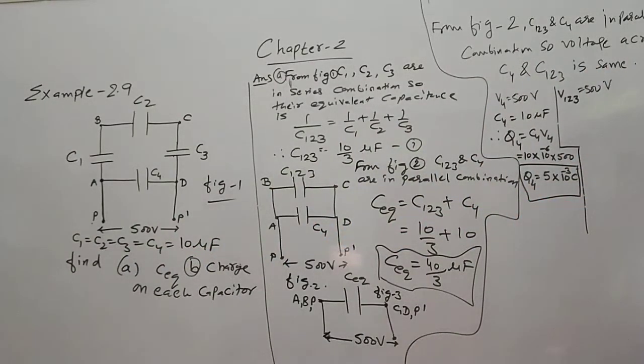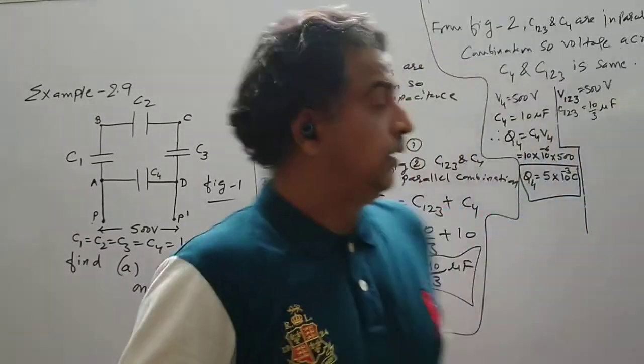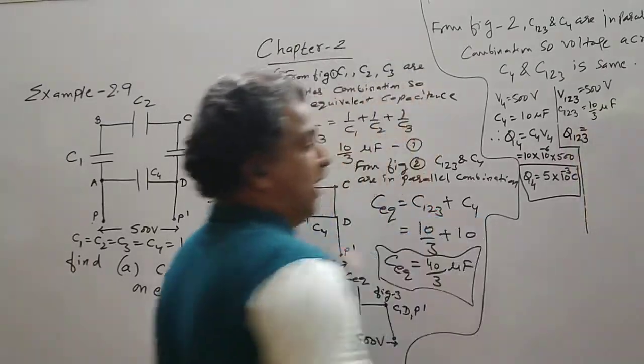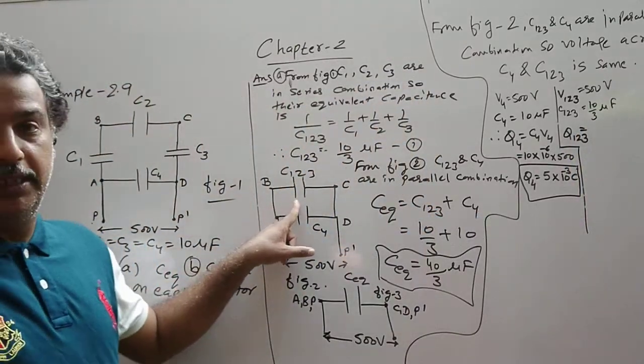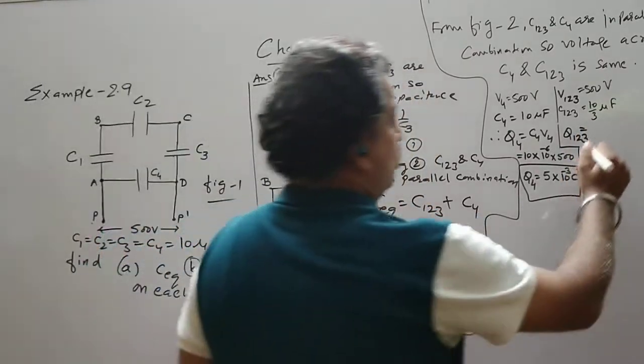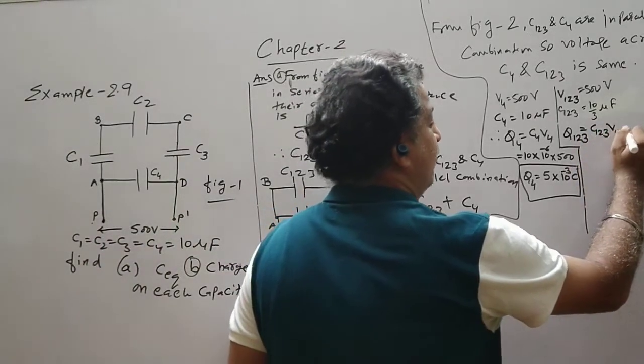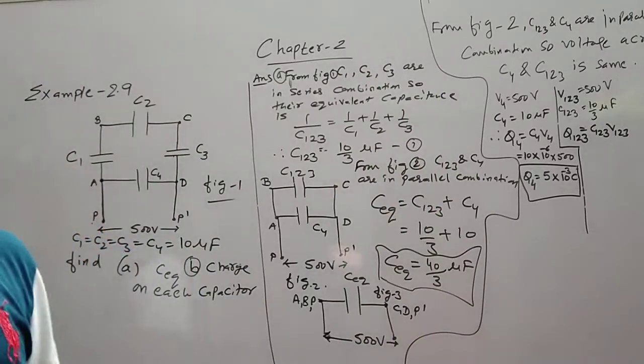Now V123 is 500 volt, C123 is 10 by 3 microfarad. So I will find out Q123 also, which is called the charge on C123. So Q123 is equal to C123 V123.